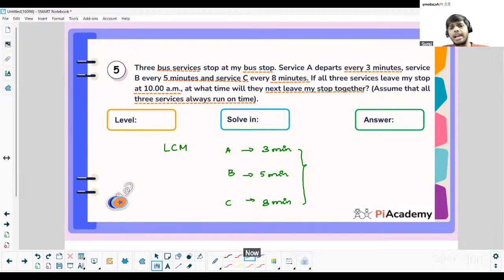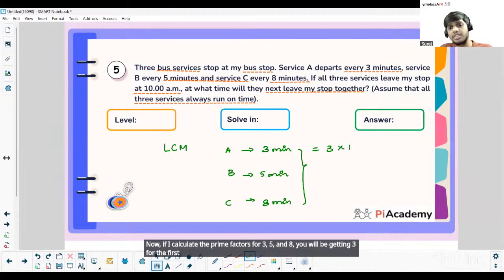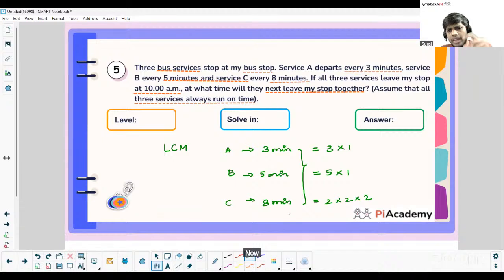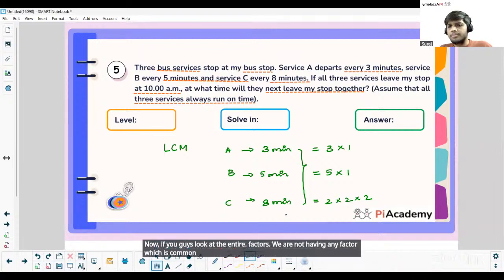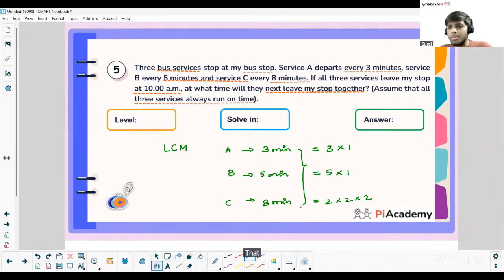Now, if I calculate the prime factors for 3, 5 and 8, you will be getting 3 times 1 is equal to 3, 5 times 1 is equal to 5, and for 8, you are going to get 2 times 2 times 2. Now, if you look at the entire factors, we are not having any factor which is common to each other. That is why I will simply multiply the numbers together.